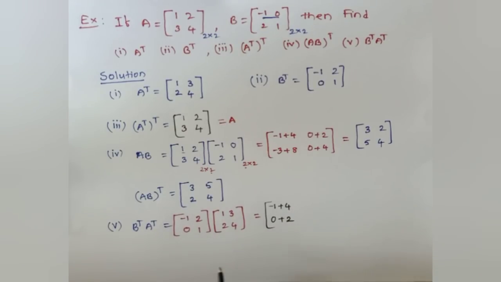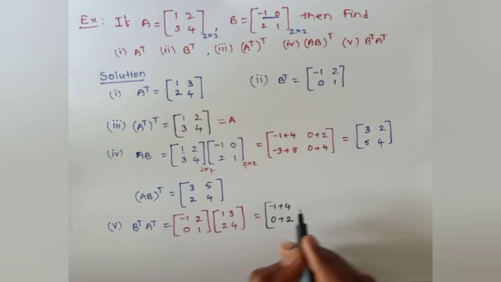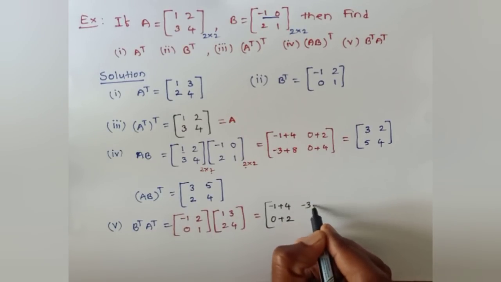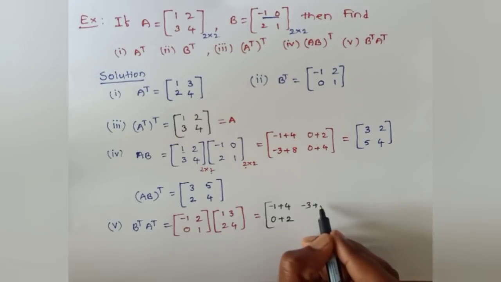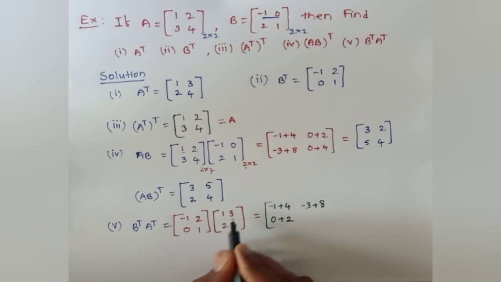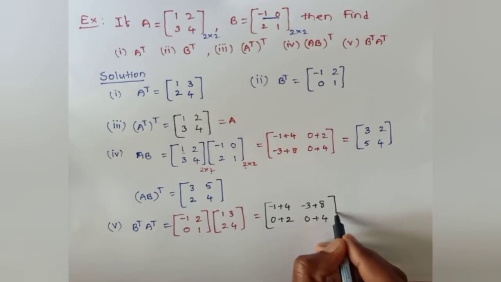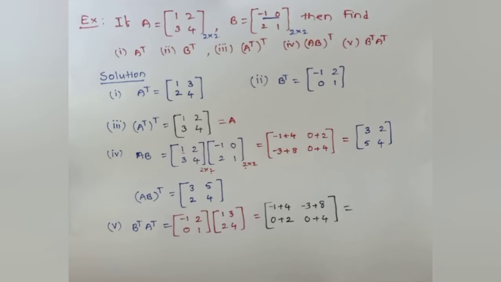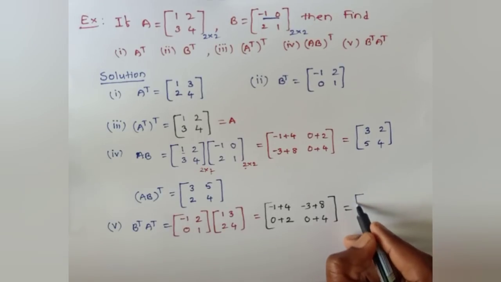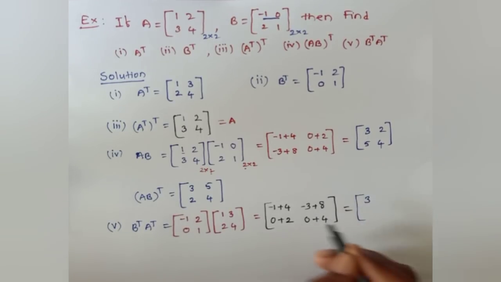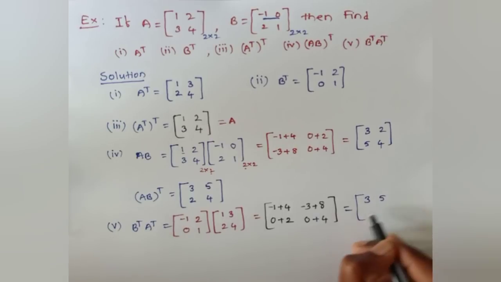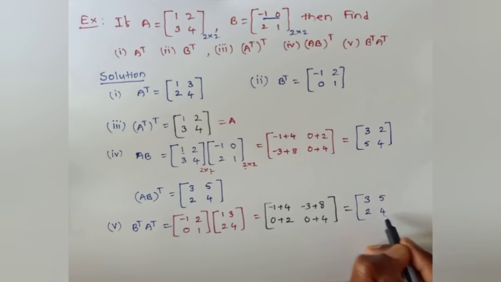Next, to get the next column elements, you need to multiply these two rows with this column only. -1 into 3, -3 plus 2 into 4, 8, and 0 into 3, 0 plus 4. Then this is equal to -1 plus 4 is 3, -3 plus 8, 5, 2 and 4.